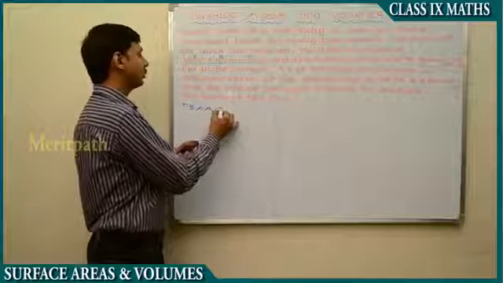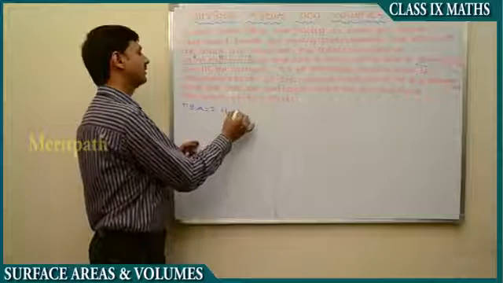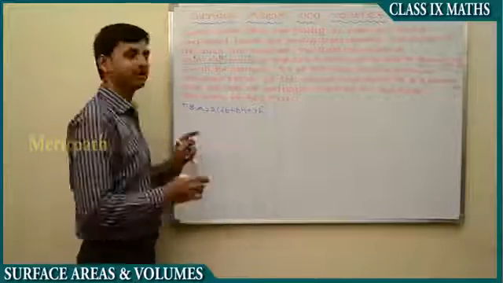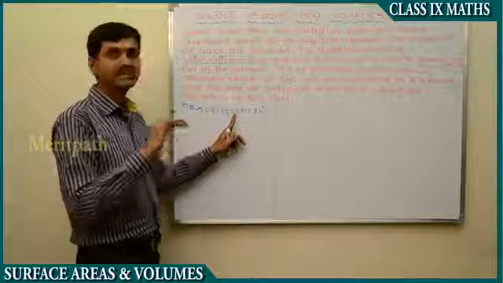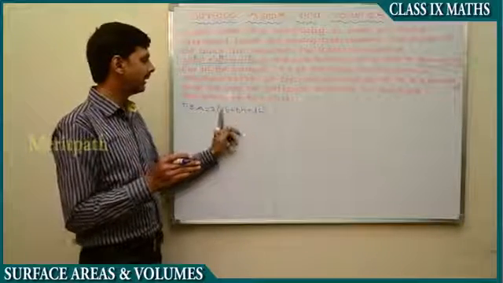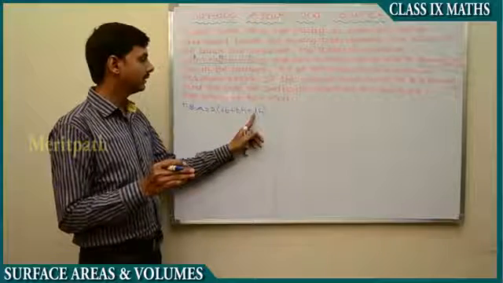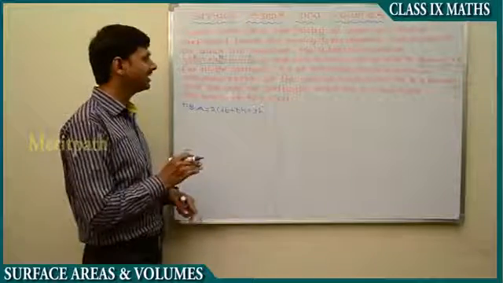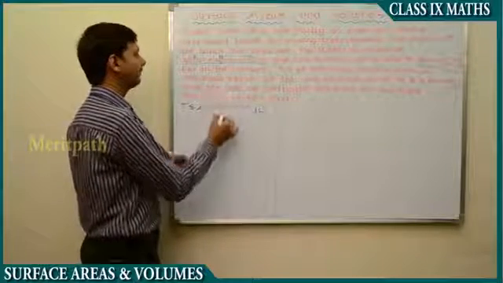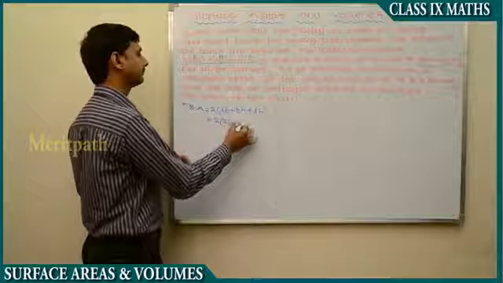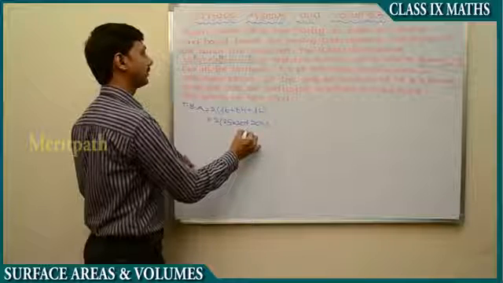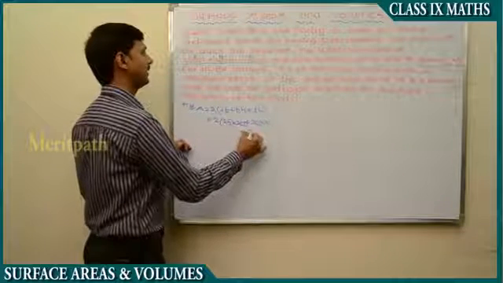It is 2 into (LB plus BH plus LH). It is multiplication: L into B, B into H, and L into H. So let's substitute and see what value we get. 2 into (25 into 20 plus 20 into 5 plus 25 into 5).